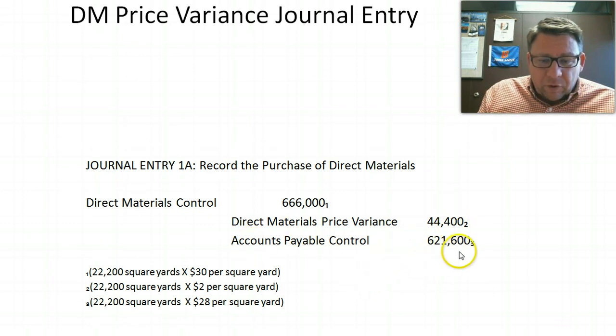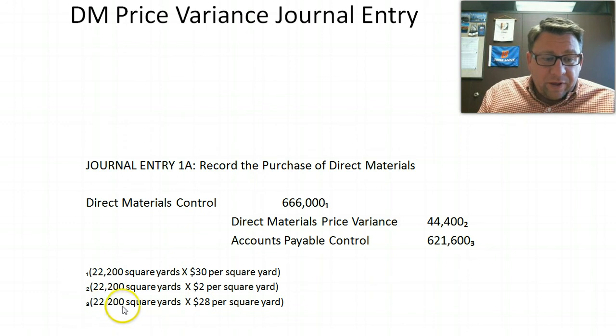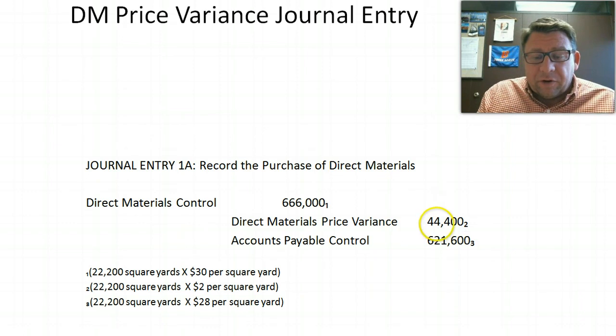And maybe I'll skip down to accounts payable. But we only had to pay, you remember, we only had to pay $28 a yard. So the 22,200 square yards times the 28 gives us a credit. That's how much we're going to have to pay for that. So the difference becomes our direct materials variance. Again, it's a credit because it's favorable.